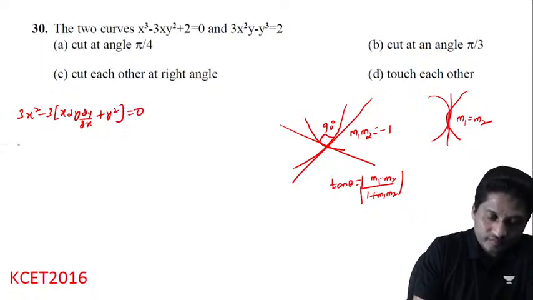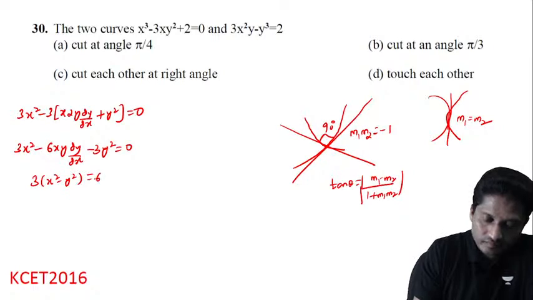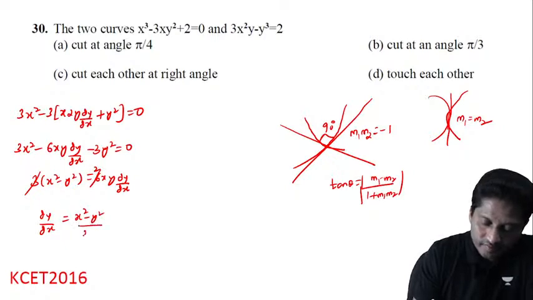So I get 3x square minus 6xy into dy by dx minus 3y square is equal to 0. 3 times x square minus y square is equal to 6xy into dy by dx. Dy by dx is equal to, this will cancel 2 times, x square minus y square divided by 2xy. This is m1.